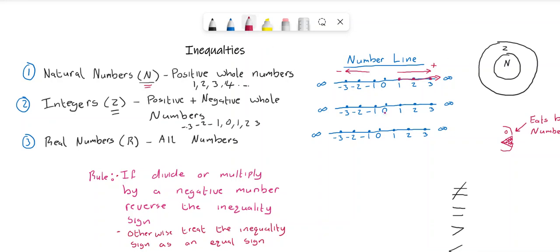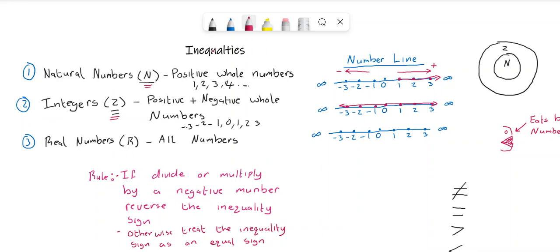So if you were to plot this on a number line, you'd have all of the positive numbers going in this direction, and then you'd also have all of the negative numbers going in this direction as well. So that's the integers, and again the symbol Z is used to represent it.